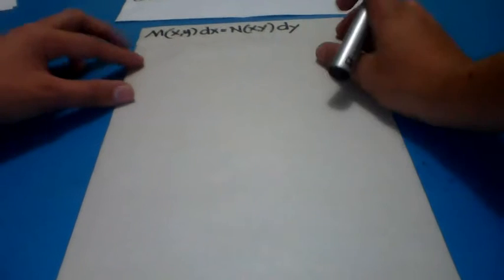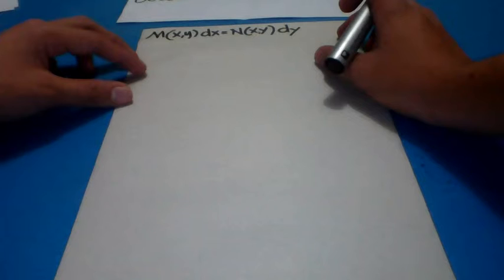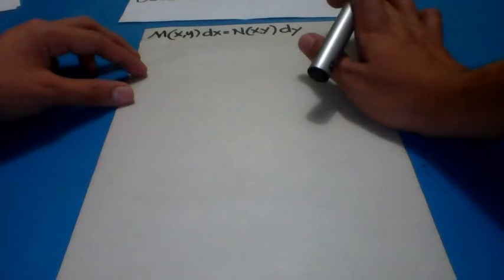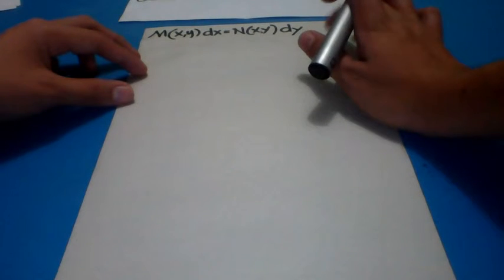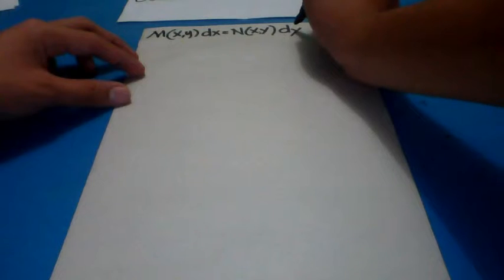Since it is expressed in terms of polar coordinates r and theta by means of the substitution x equals r cosine theta and y equals r sine theta, I'm going to substitute the values of x and y.